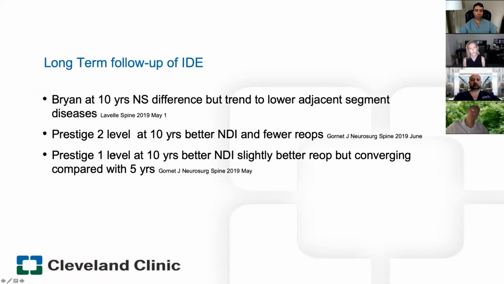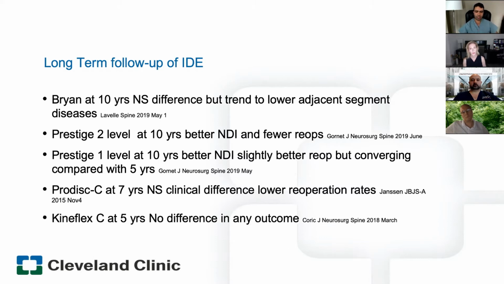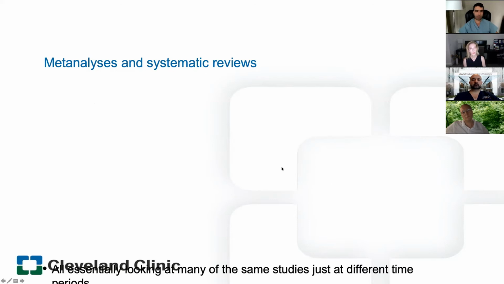And with the Prestige 1-level at 10 years, there was a slightly better neck disability index, but with patients who had reoperations. But basically, at around 5 to 10 years, these things kind of reverted back to normal. So there's a lot of data out there. Some of it shows there's no difference. Some of it shows less adjacent segment disease, but no difference in reoperation rates, and so forth. It's kind of all over the place, really.